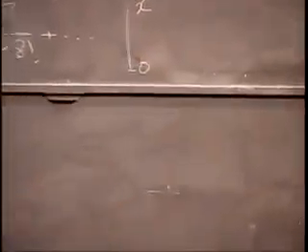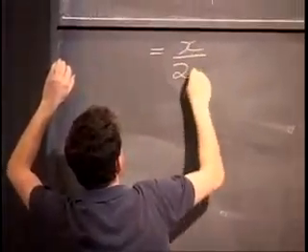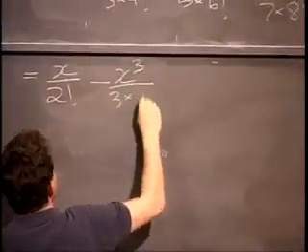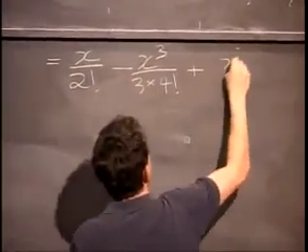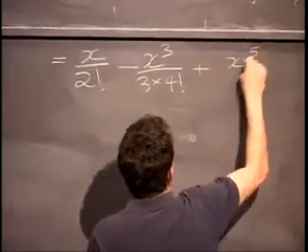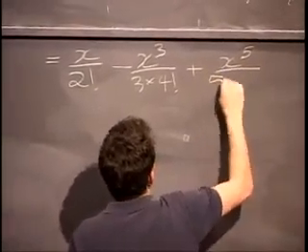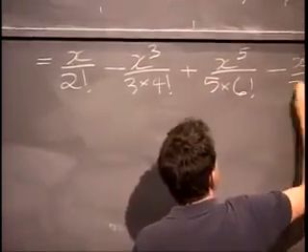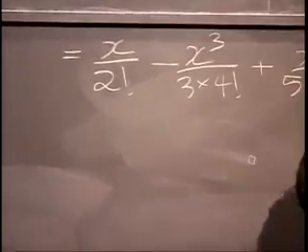Plug in 0, of course, everything goes away. So just replace t by x, and you get the answer. x over 2 factorial minus x cubed over 3 times 4 factorial plus x to the 5 over 5 times 6 factorial minus x to the 7 over 7 times 8 factorial, and so on.